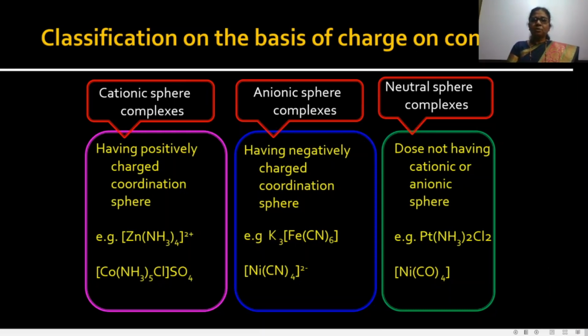Therefore, it is a neutral sphere complex. In this way, on the basis of charge, the complexes are classified into three types: cationic sphere complexes, which have a positively charged coordination sphere; then anionic sphere complexes, which have a negatively charged coordination sphere; and neutral sphere complexes, which have no cationic or anionic sphere.